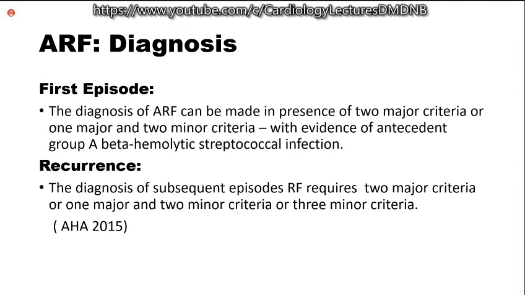You also put that if the patient has three minor criteria like fever, prolonged PR interval, and elevated CRP, then that is enough to diagnose rheumatic fever. That's a very, very loose criteria, and you have to be careful that you are not missing some other diagnosis.